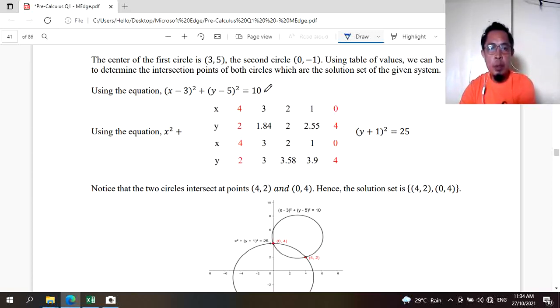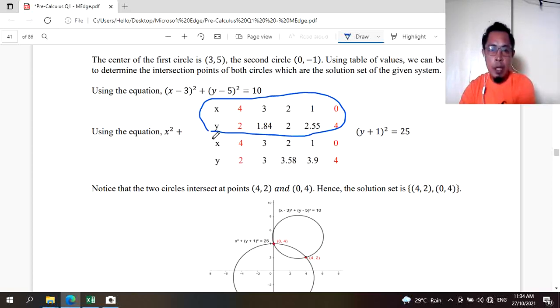We use equation 1 here, then here we use equation 2. And you would notice now that there are similar values here, making us conclude that these are the intersections of the graph.